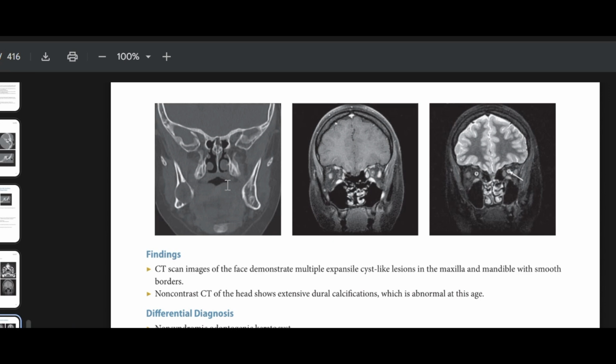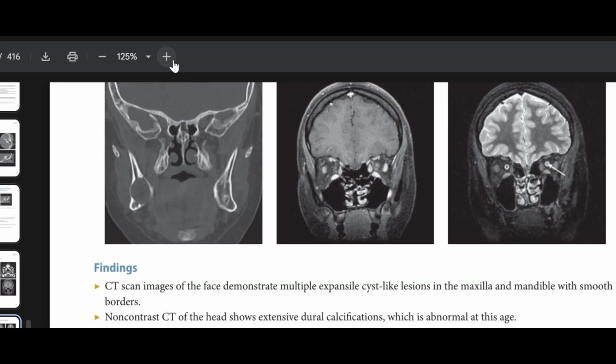CT scan images of the face demonstrate multiple expansile cystic-like lesions in the maxilla and the mandible.